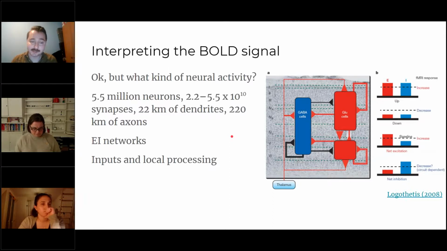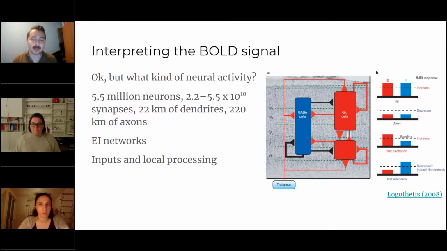The general consensus is that when we see a neural region with an increased BOLD response, that generally represents inputs to that area and the local processing of that input. So really, when we observe an increased BOLD signal in a particular brain region, what we're measuring is the action potentials arriving at that location, which originally came from other parts of the brain.